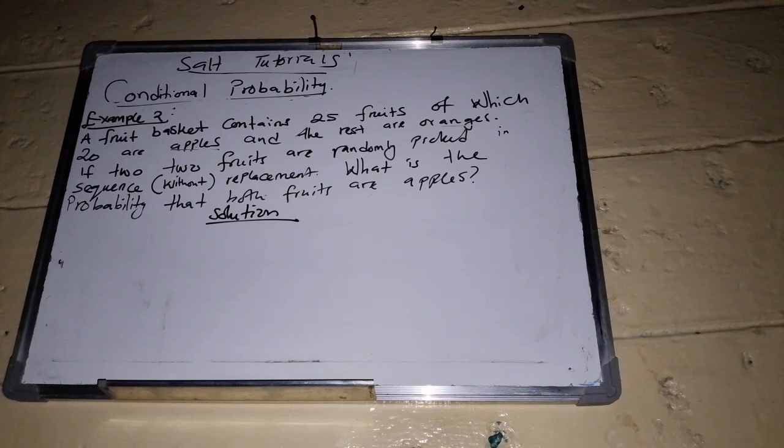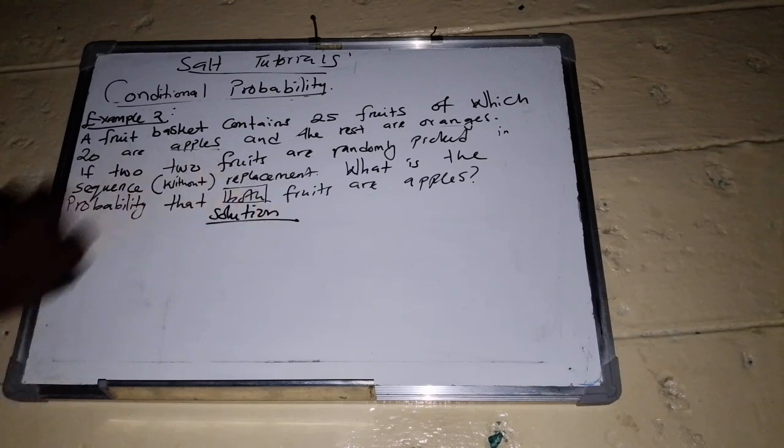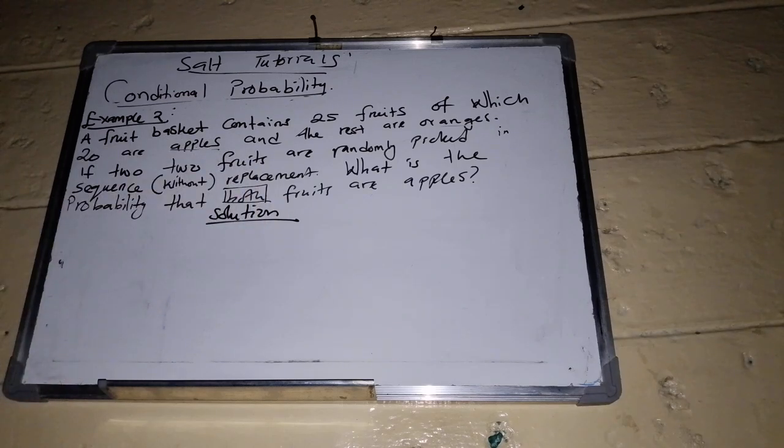So now this question is emphasizing what is the probability that both fruits are apples. Number one, we're talking about the concept of us having both. So in the first picking, it was an apple, and in the second picking, it was an apple. So what kind of rule emphasizes on both? It is the multiplication rule, where we're talking about the probability of event A and event B happening.